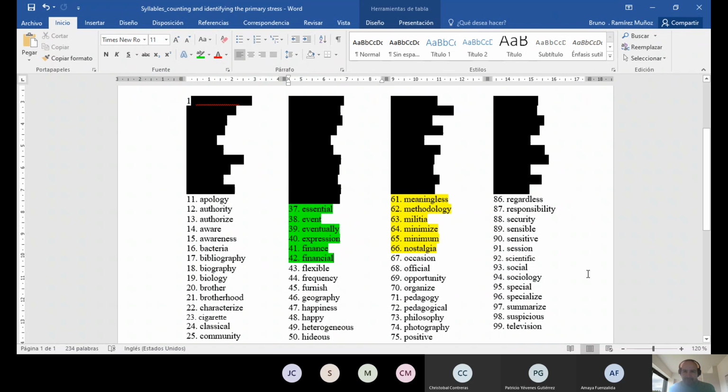So, furnace, geography, happiness, happy, genius, and... Okay, from 46. Is that right? Okay, 3, 4, 5, and then you're missing 1. Furnace. Okay, and furnish. Perfect.